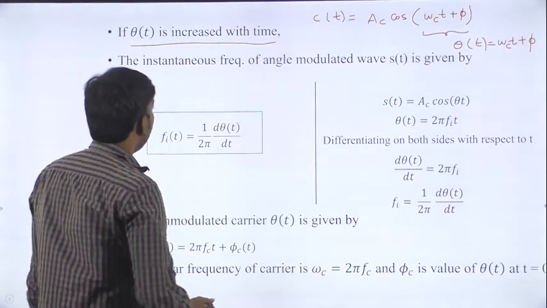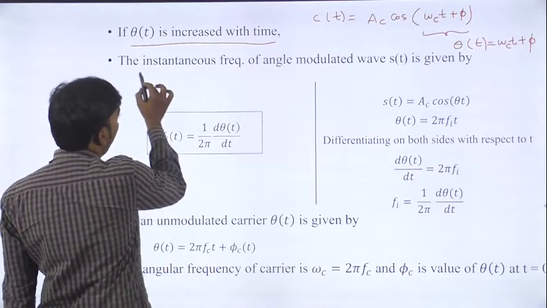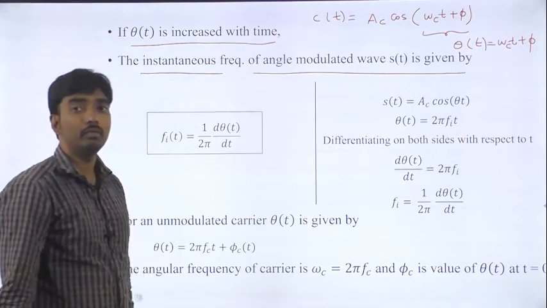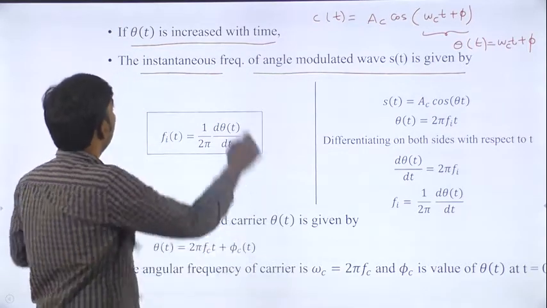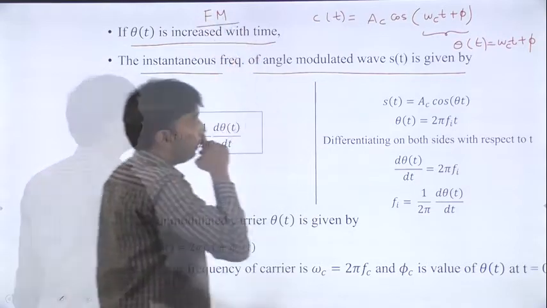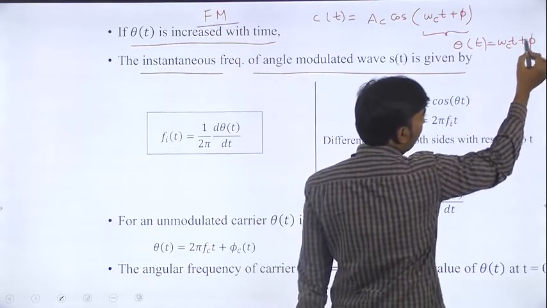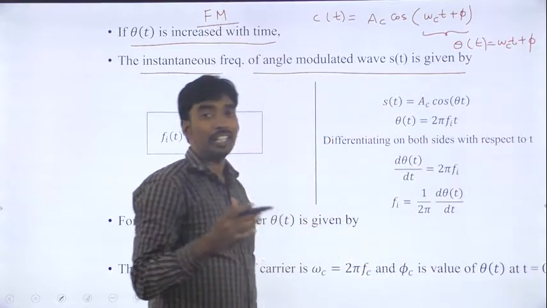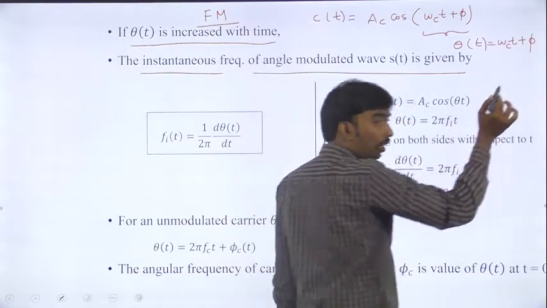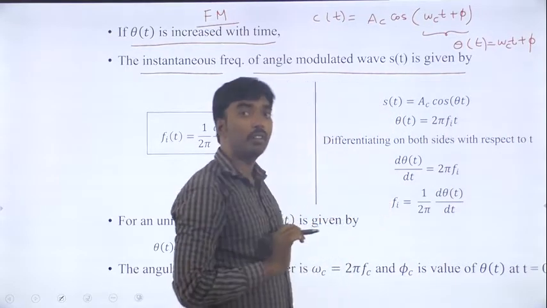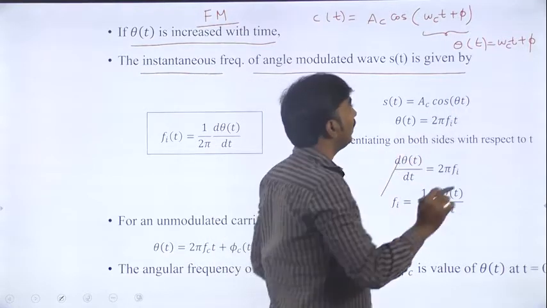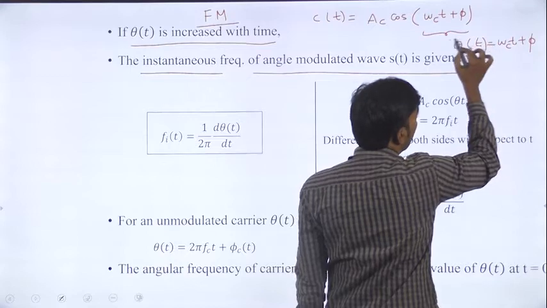Okay. Now the instantaneous frequency of angle modulated wave is, now this I am doing for frequency modulation. Now whenever the phase is 0 at time t equal to 0, the phase is constant. Let me say for a particular time the phase is constant. If the phase is constant, then how can I get the modulated signal from this expression?